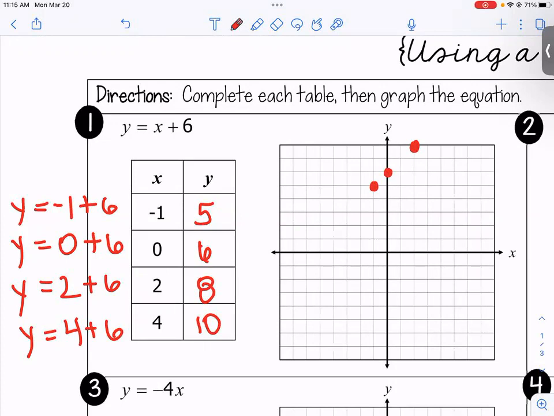Now, I don't think I can fit 4, 10 on this graph, can I? It's like up here somewhere. But what I need you to do is draw a line through all of your points, and there needs to be arrows at both ends saying, hey, this is going to keep on going in both directions.